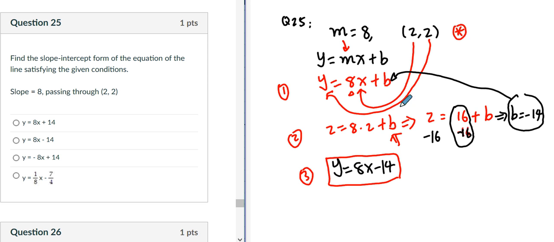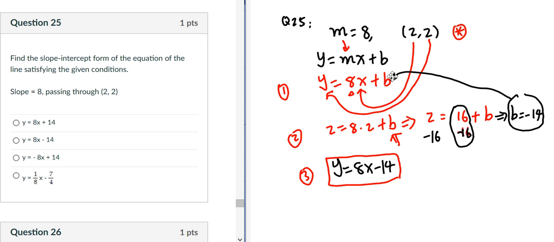So then what we get will be 2 equals 8 times 2 plus b, which is 2 equals 16 plus b. Subtract the 16 on both sides, where b stands alone on the right. Left-hand side is 2 minus 16, which gives us negative 14.